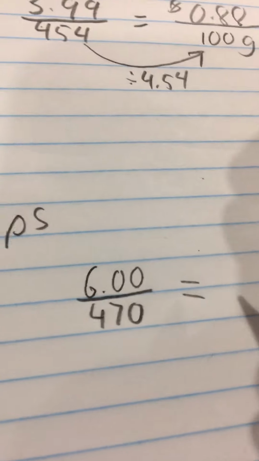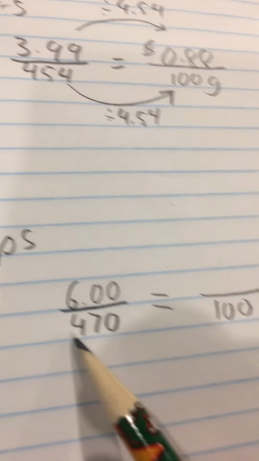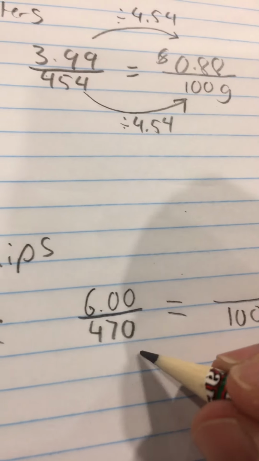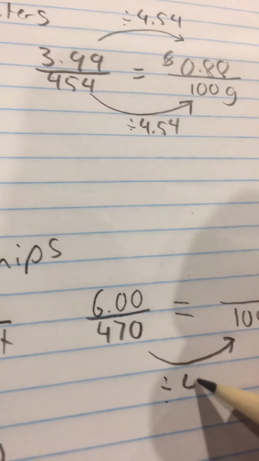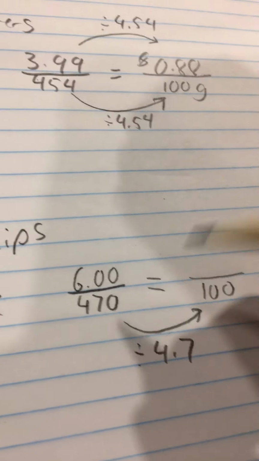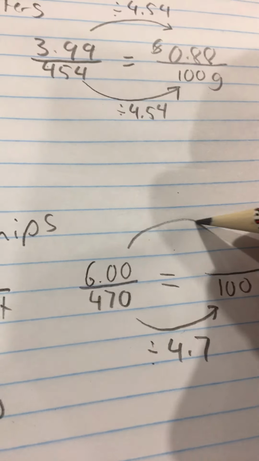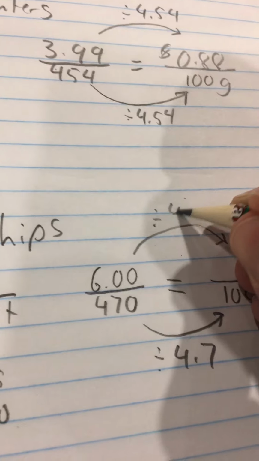I want to know the price per 100 grams. So when I divide that by that, I need to divide 470 by 4.7. And whatever I do to the bottom, I do to the top. To get the price per 100 grams, I take my 6, I divide it by 4.7.